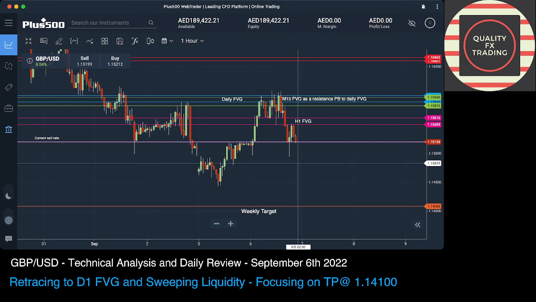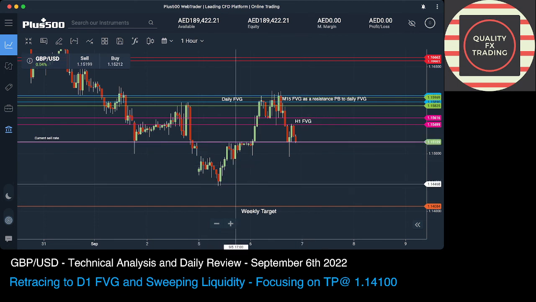Where is the next step? The next step, as the sell side liquidity is below this low at around 1.14500 level, which is the institutional price level.